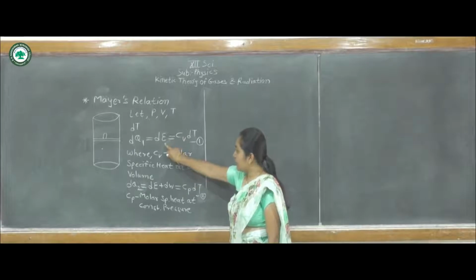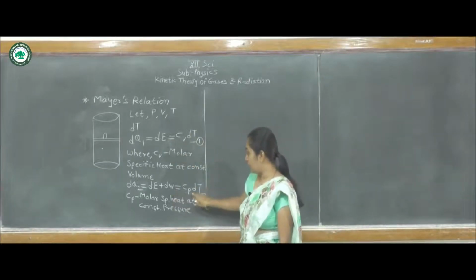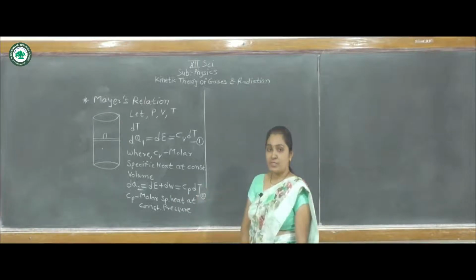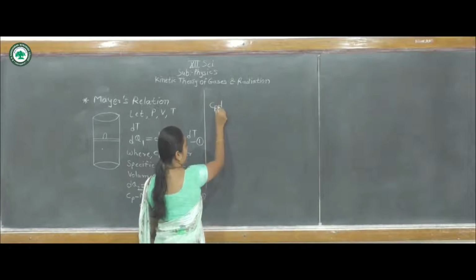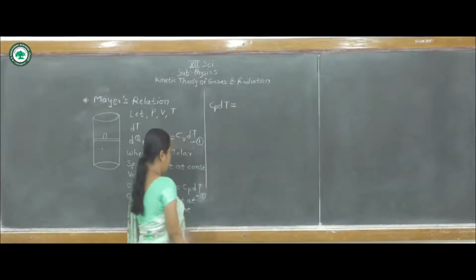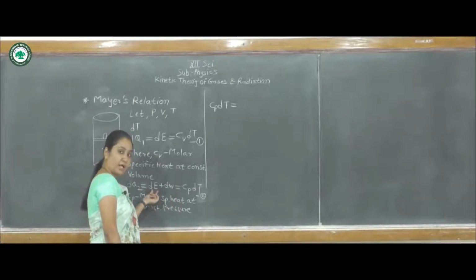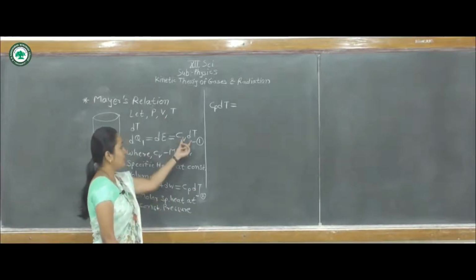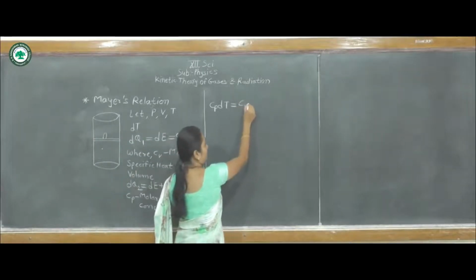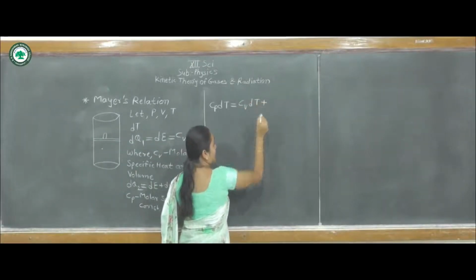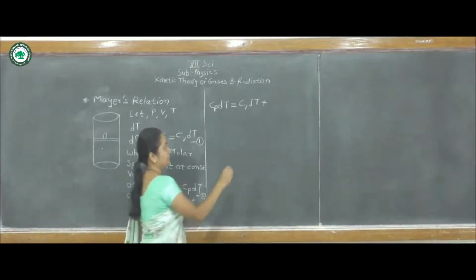This dE equal to Cv dT we can substitute in equation 2. So equation 2 can be written as Cp dT equal to, instead of dE, the value Cv dT, plus dW as it is.